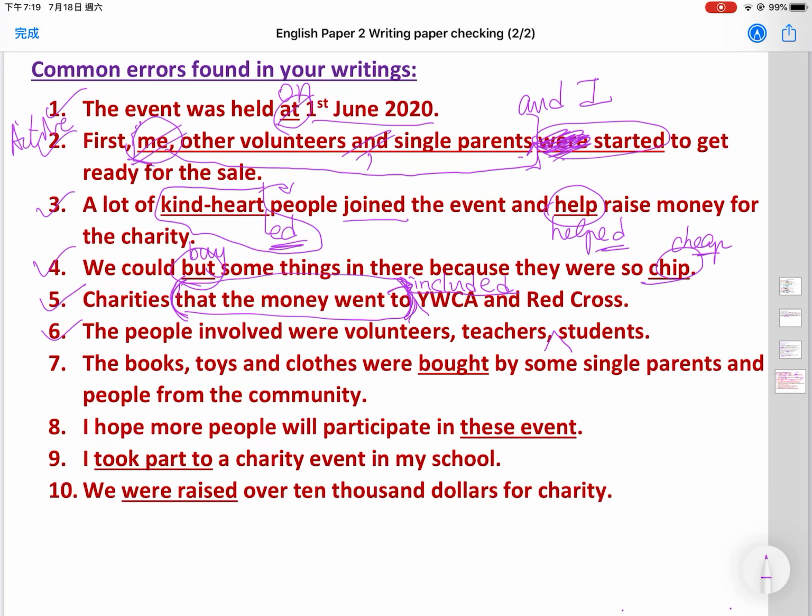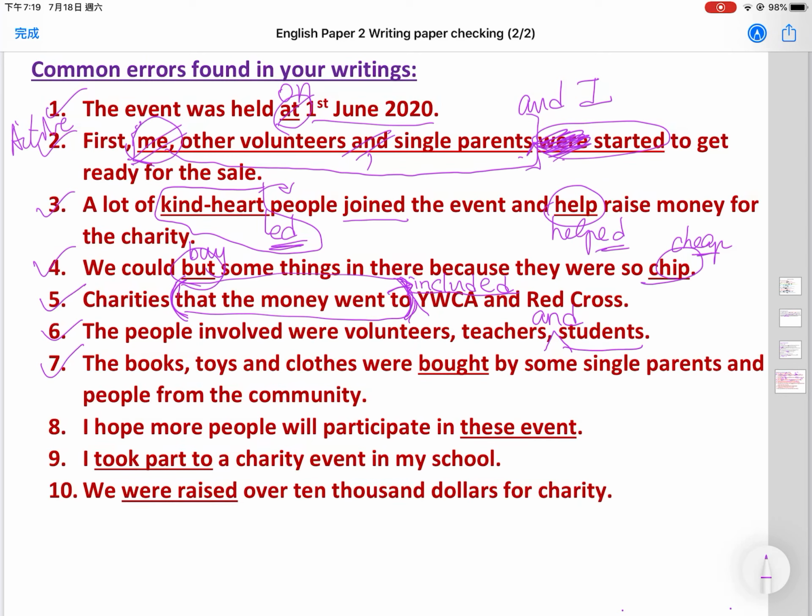The minor thing you have to pay attention to is that every time you're listing something, a list of things, remember you have to add "and" before the last item that you share. Like volunteers, teachers, and students. Something like apples, strawberries, and bananas.